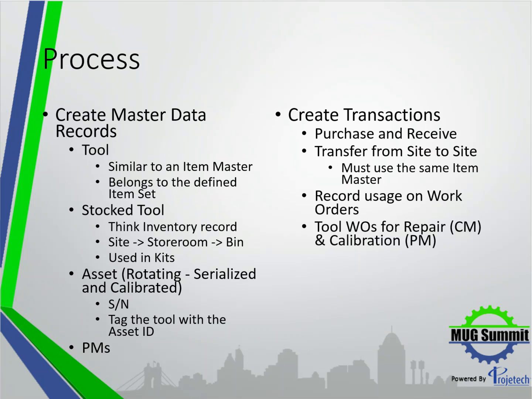The additional thing that we do with this is create transactions. We purchase using tool numbers, we transfer things between sites using tool numbers, we're able to assign them to work orders using tool numbers, and we're also able to track calibration and certification history using work orders associated to those rotating assets.